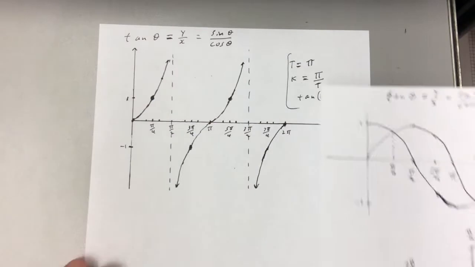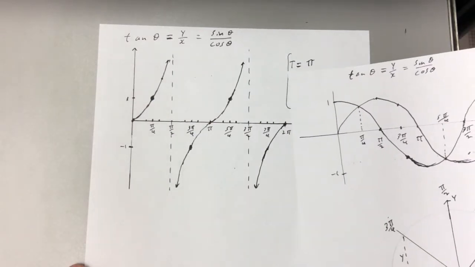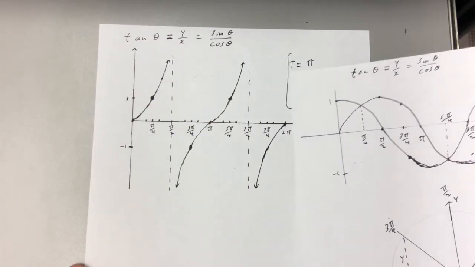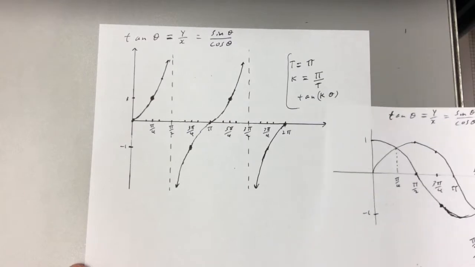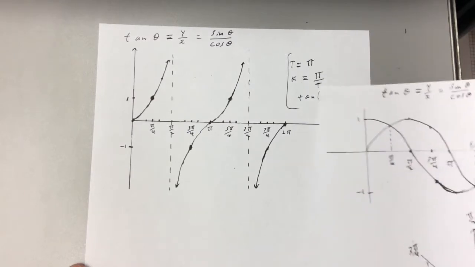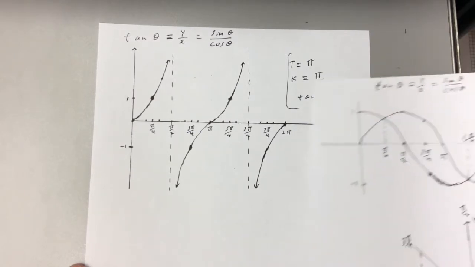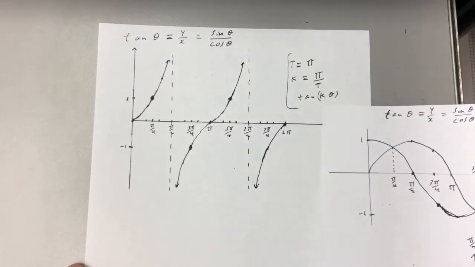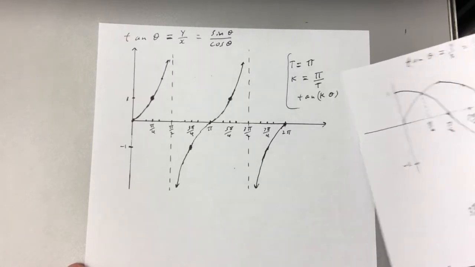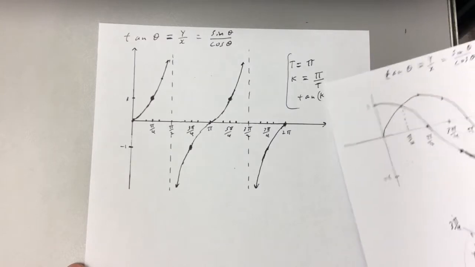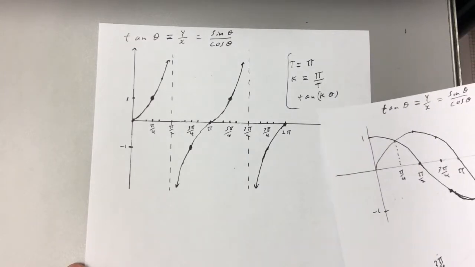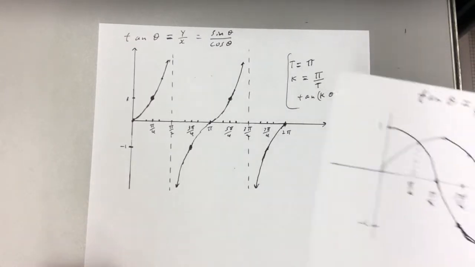Same thing. So the period of this one, which we call T, is equal to pi. And when you want to graph tan k theta, well, k is just pi over the period. So this is a formula that you should be familiar with from using degrees, but instead of 180 degrees, we've got pi radians. Okay, so that's the tan graph.